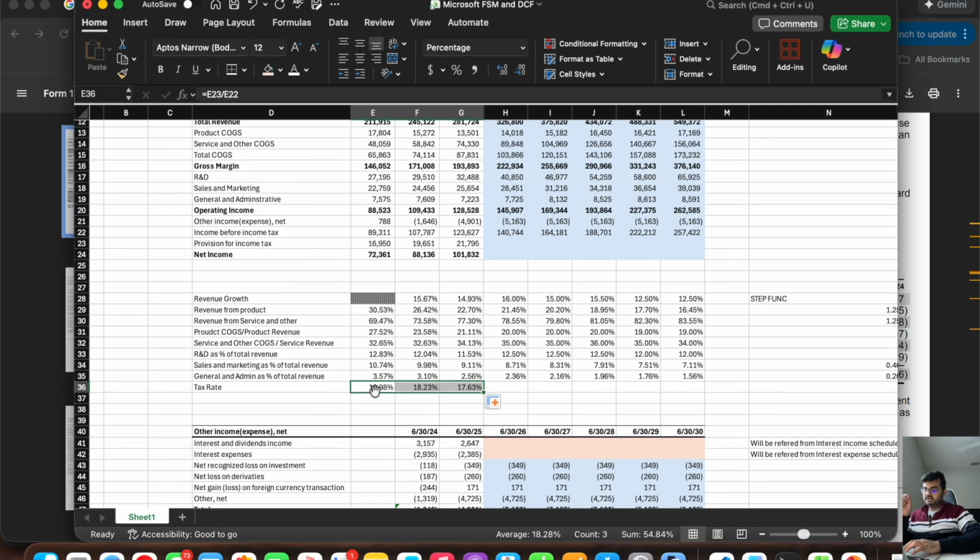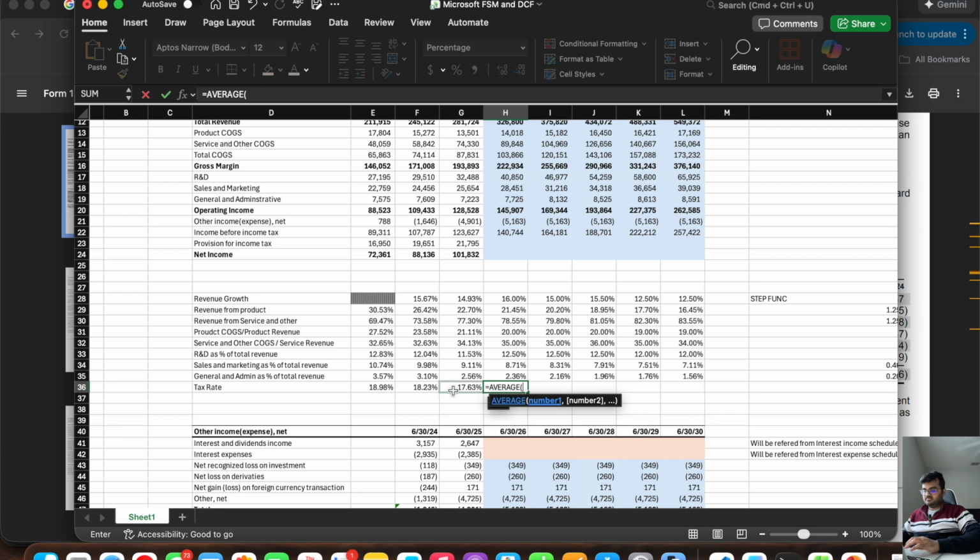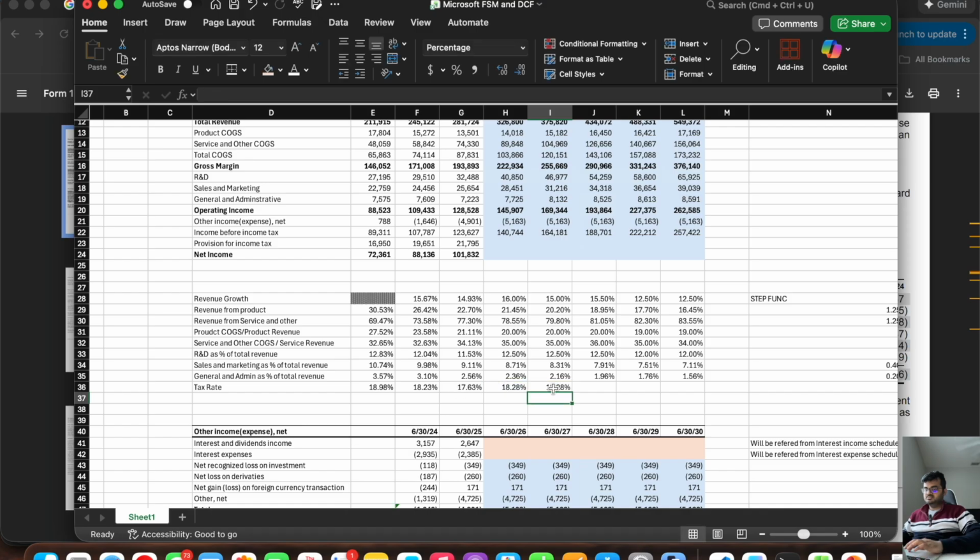I mean 18.98 to be precise in 2023, 18.23 in 24, and 17.63 in the next year. So what I would do is take the average of these 3 numbers and assume this is going to be the tax rate for the next 5 years.